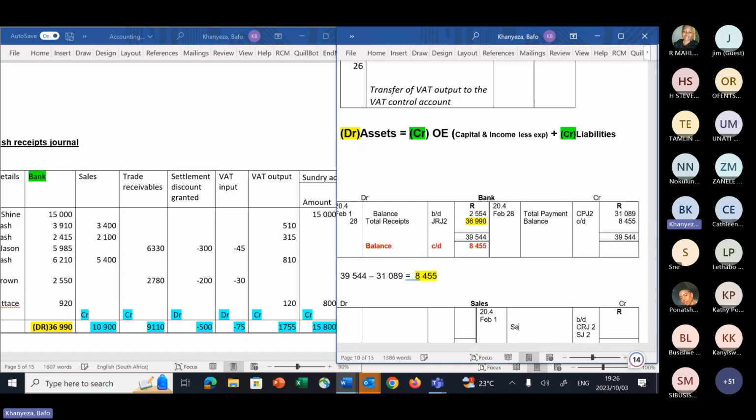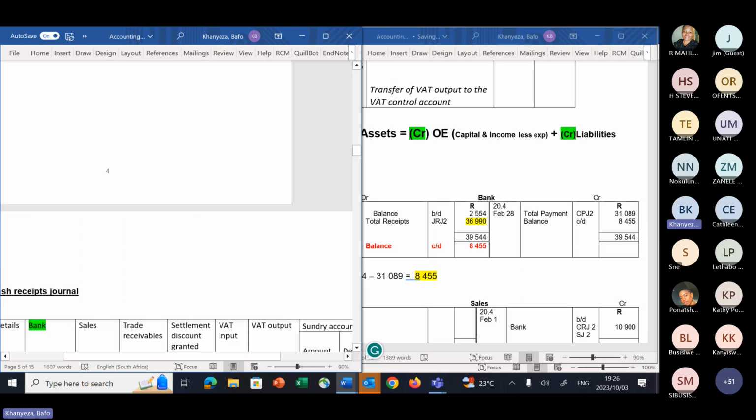So we're going to have sales, cash sales. The control account is bank, because cash receipts and cash payments are bank. It's going to be 10,900.